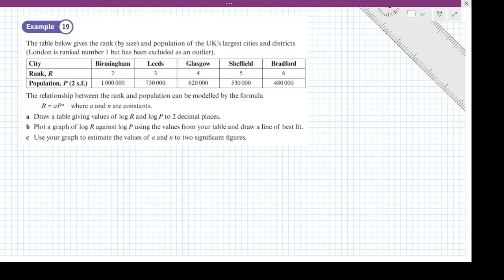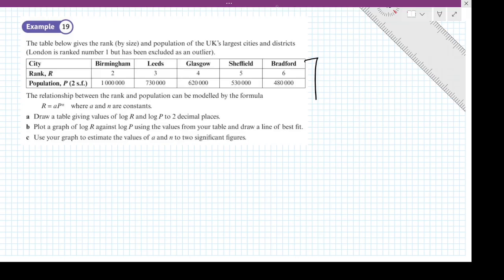Okay, so in this example I'm given a table which gives the rank by size and the population of the UK's largest cities. London is ranked number 1, but it's an outlier.